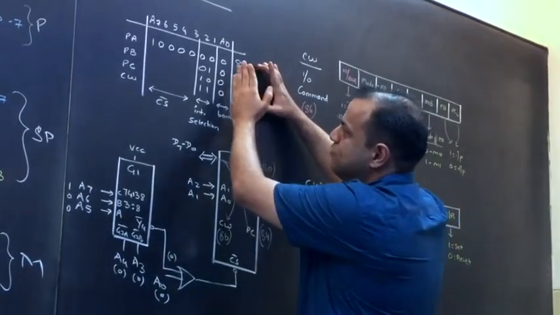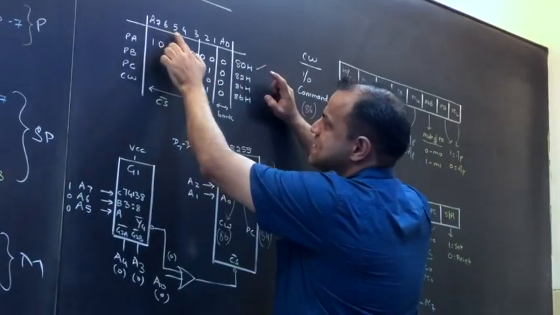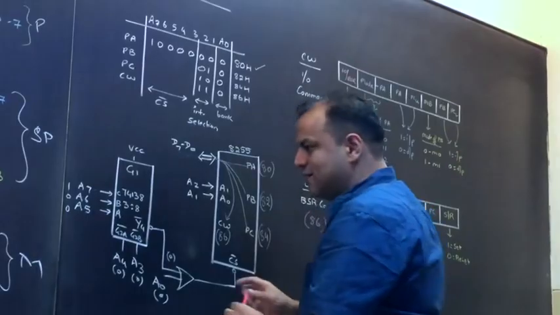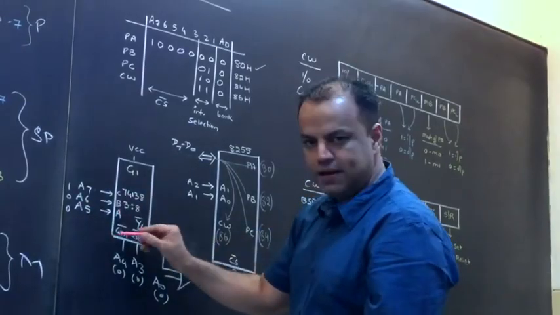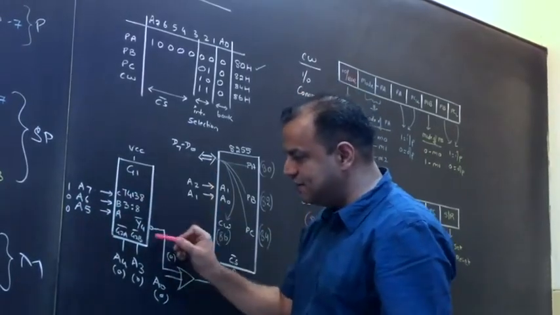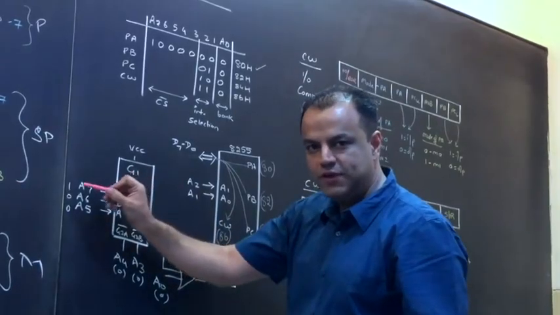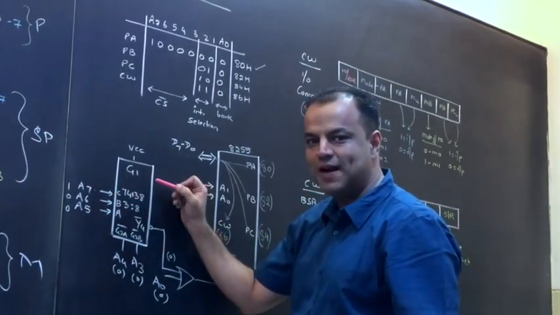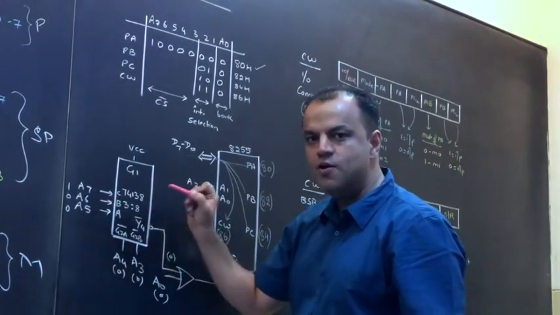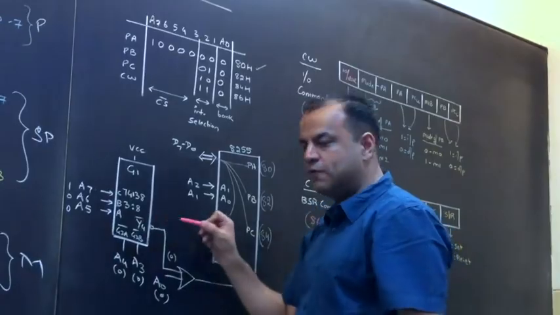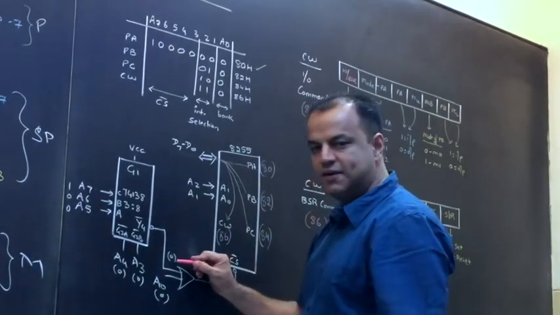Now for these 4 addresses A7, A6, A5 will have the pattern 100. 100 on the inputs of the decoder will activate the Y4 output. The decoder has 8 outputs. If they were 000, Y0 would be activated. 001, Y1. Similarly for the others. 100, Y4 will be activated. When it is activated, it is 0.